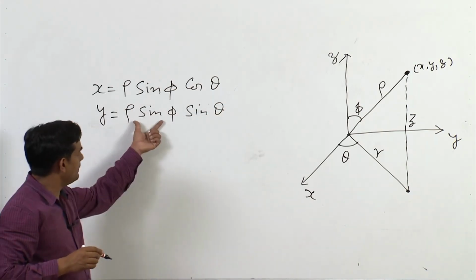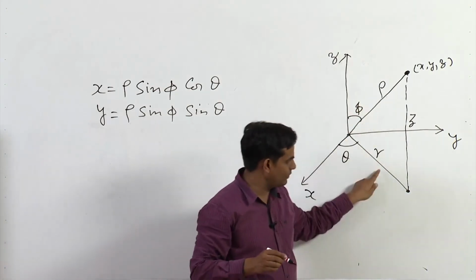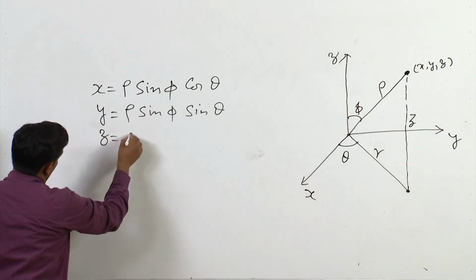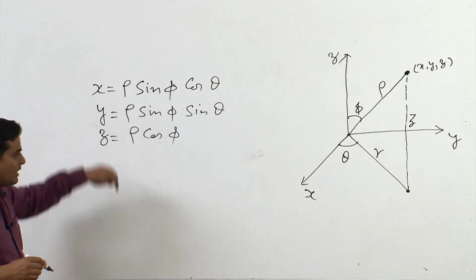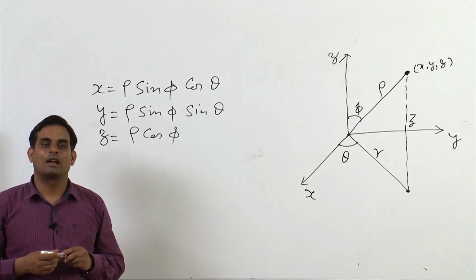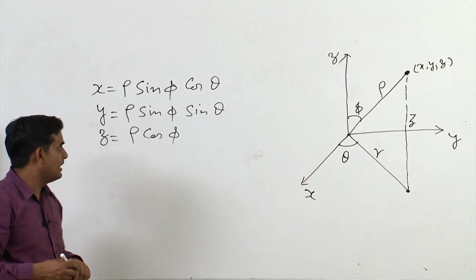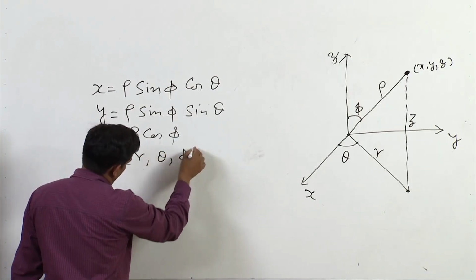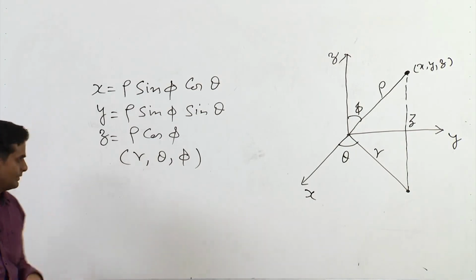Basically r is rho sin phi here, as I have projected this onto this line, and then z will become rho cos phi. This transformation is called converting from Cartesian coordinates to spherical coordinates, and now my new coordinates are rho, theta and phi, where phi will be between 0 to pi.